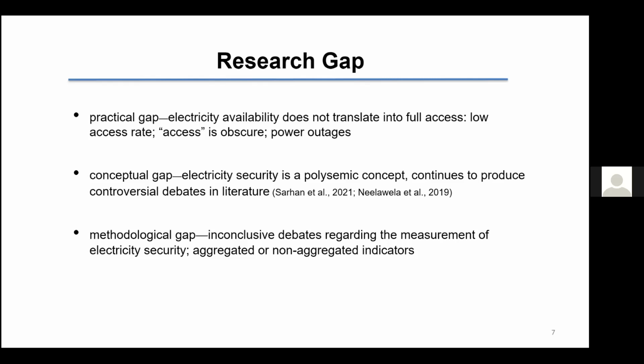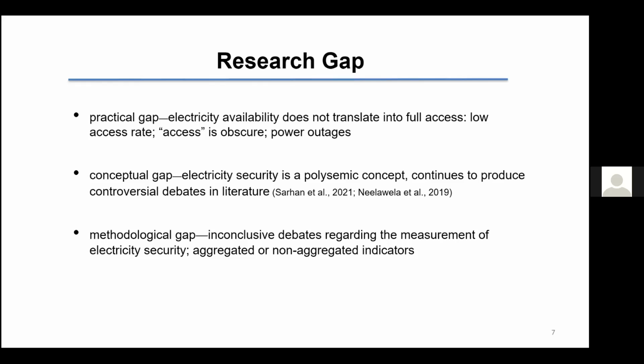The aggregated indicators have been largely preferred at the macro level because they provide assessment in terms of policy interventions, but they are also criticized for concealing information when it comes to impact-related assessments to communities and societies.